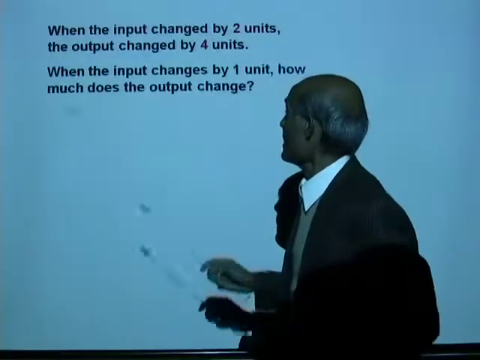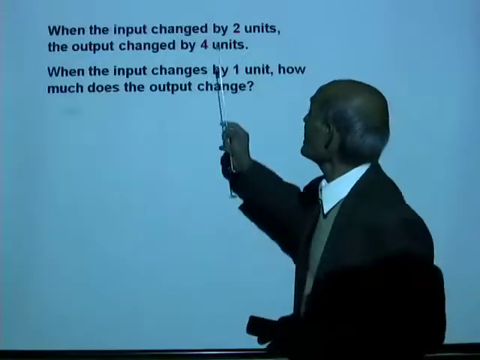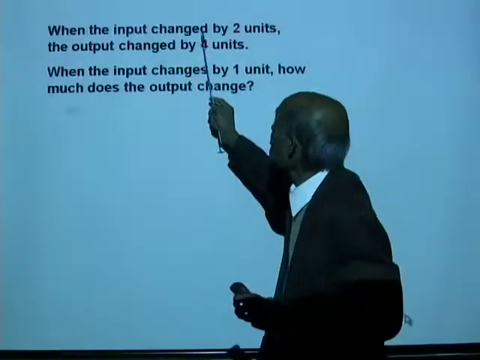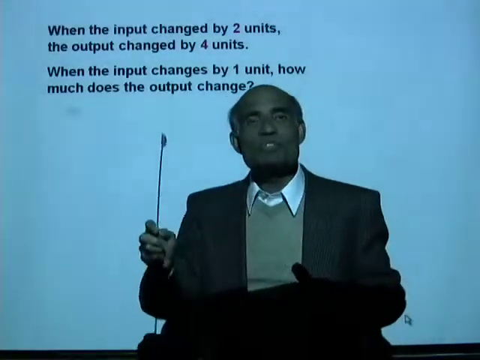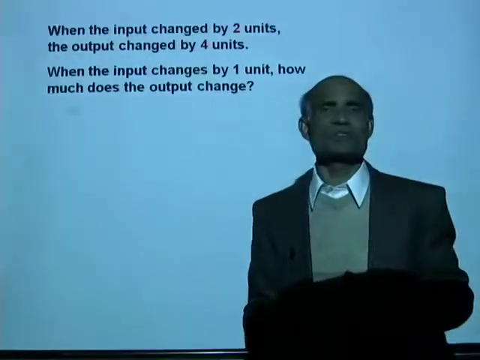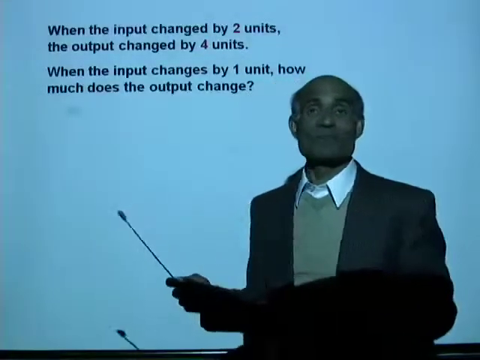That's right. Now, when the input changed by 2 units, the output changed by 4 units. Therefore, if the input changed by 1 unit, how much does the output change? Can you give it to me as a mathematical equation?